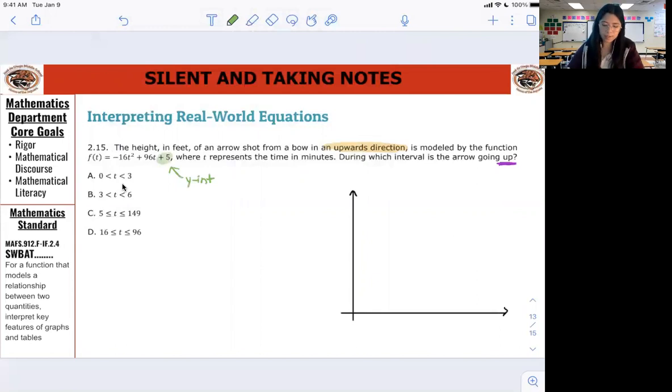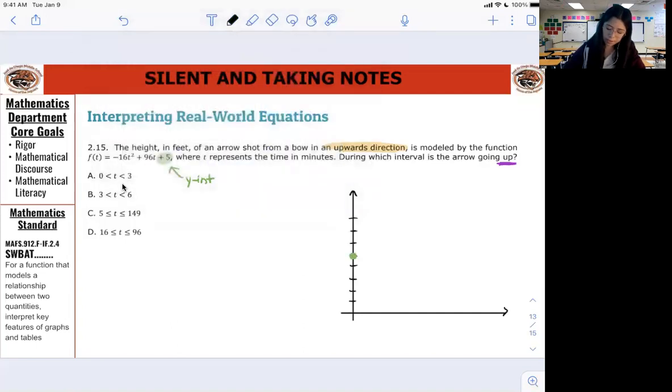Downwards. Facing downwards. I got confused when you highlighted upwards. I thought it was the equation. Oh, yeah, that's a good point. So it's not that the parabola is facing upwards, it's that the arrow gets shot upwards and then it comes back down. So 1, 2, 3, 4, 5 right here.